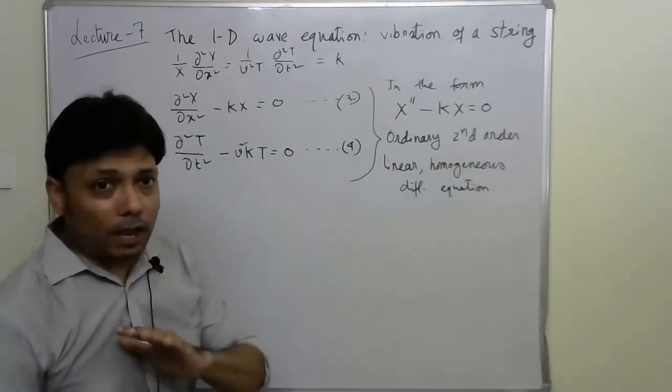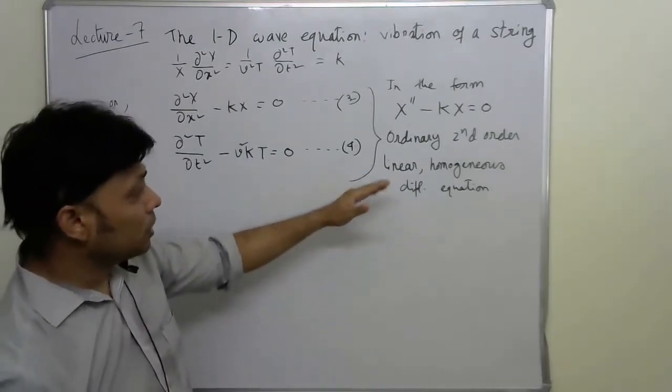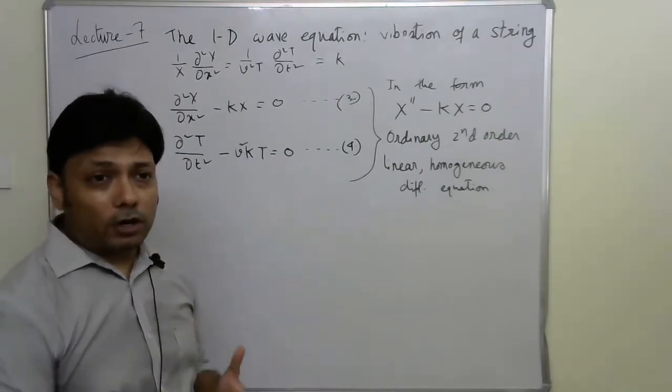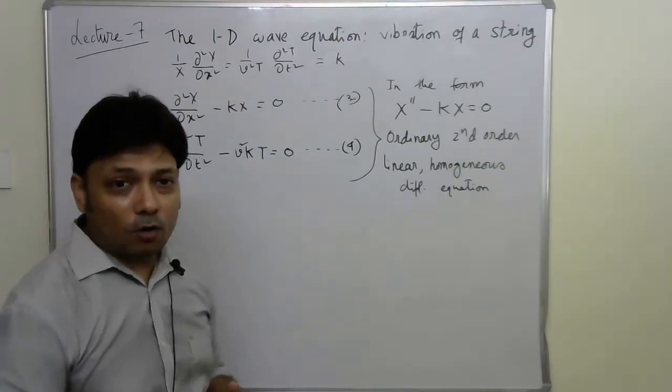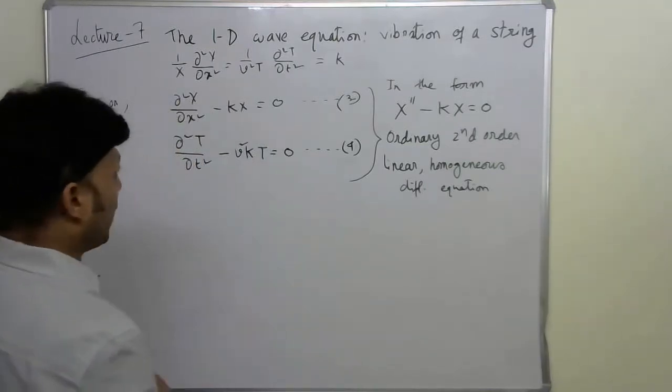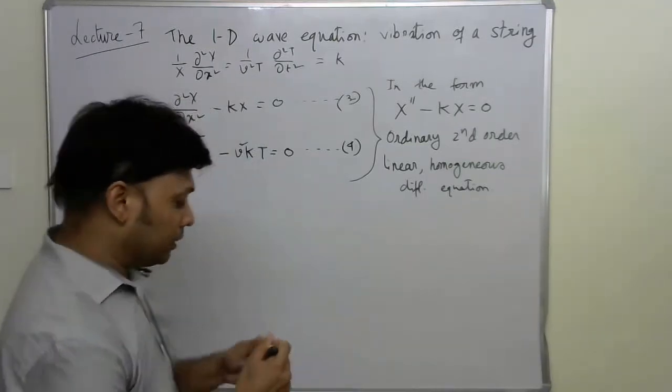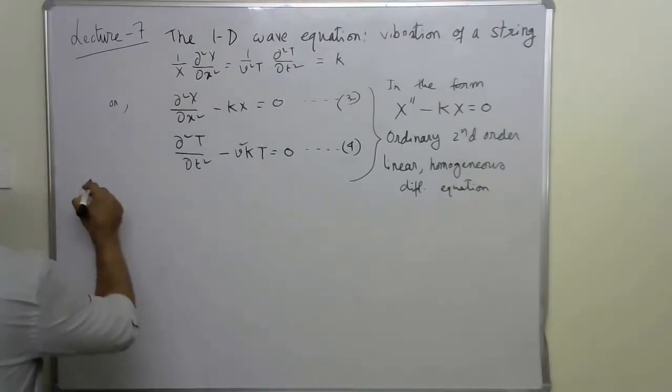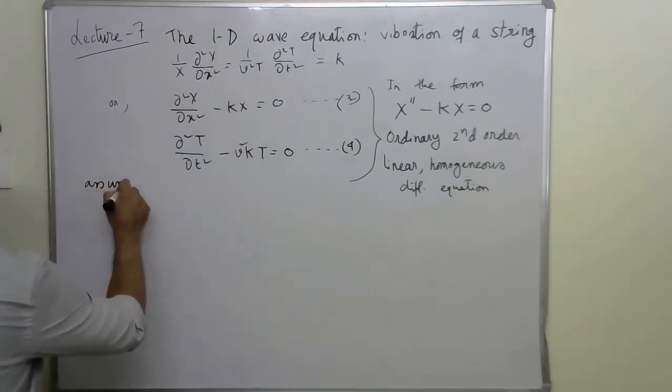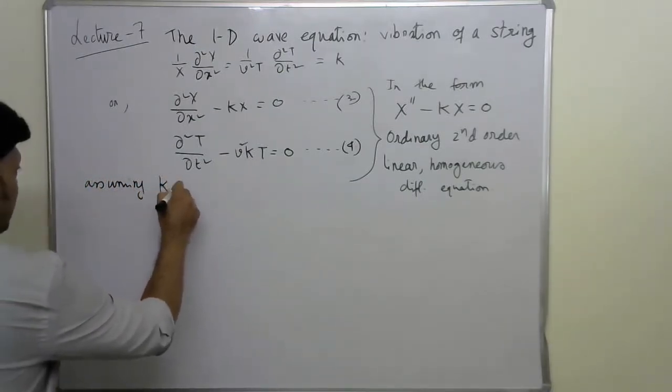I don't think you have any problem identifying such an equation as an ordinary second order linear homogeneous differential equation, and we know how to solve it. So it's better to assume that k is equal to 0.